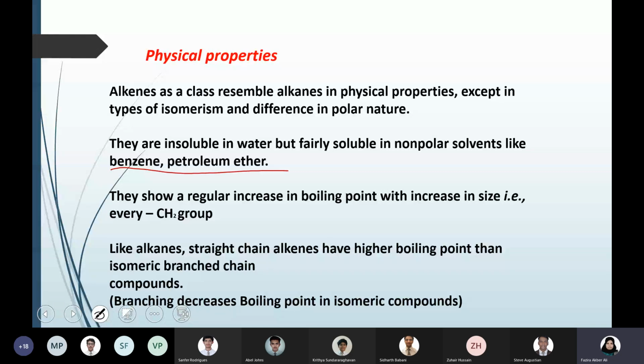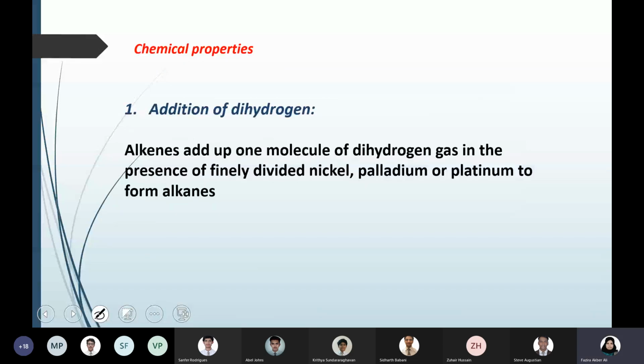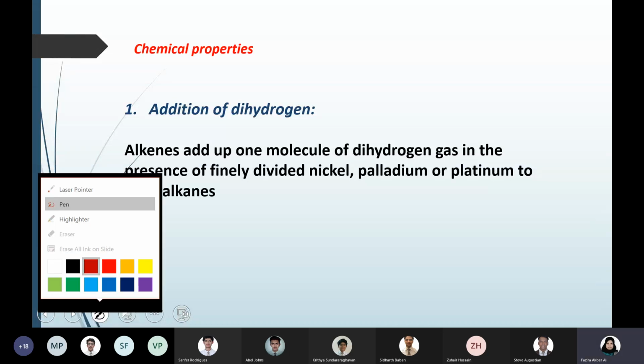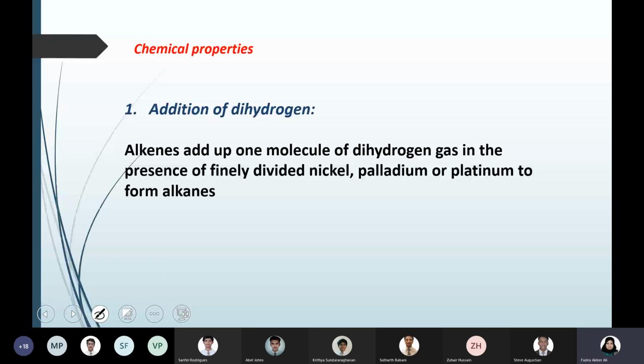But what is more important is their chemical properties. So the first chemical property is addition of dihydrogen. This reaction we have already learned in the beginning of this chapter. Can somebody recollect?